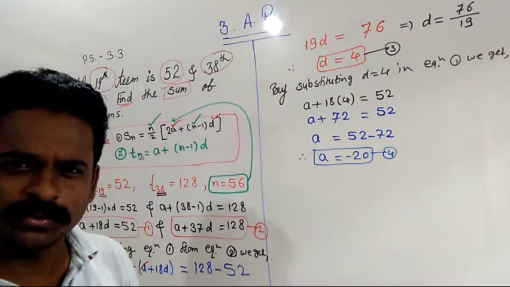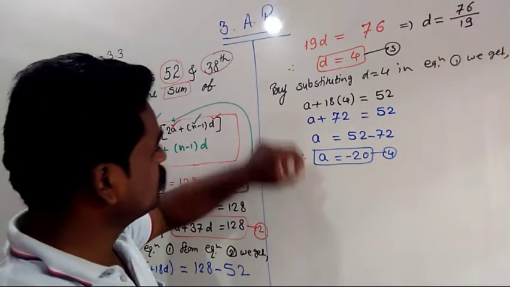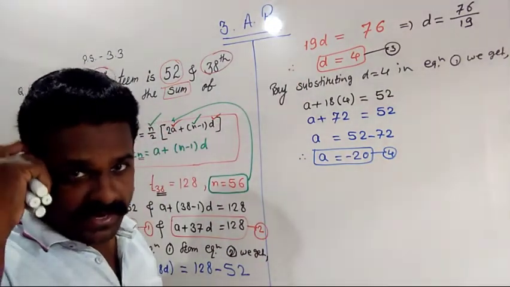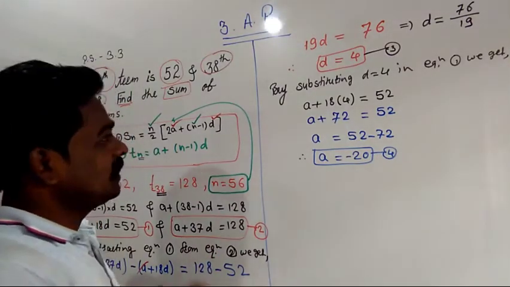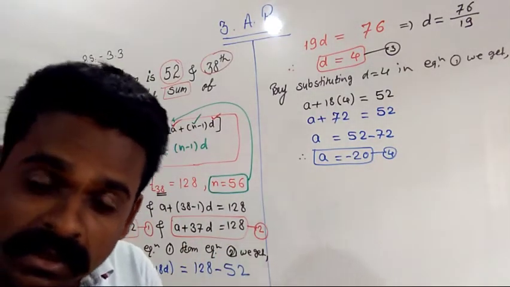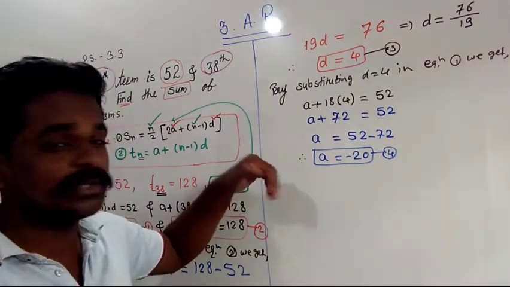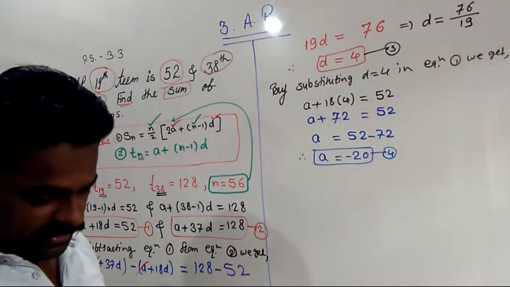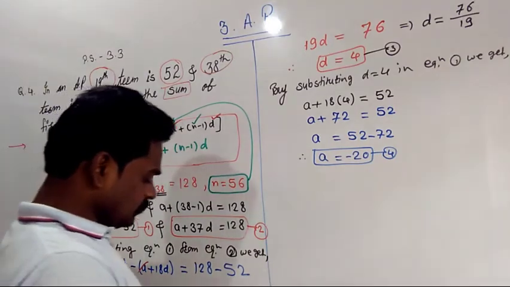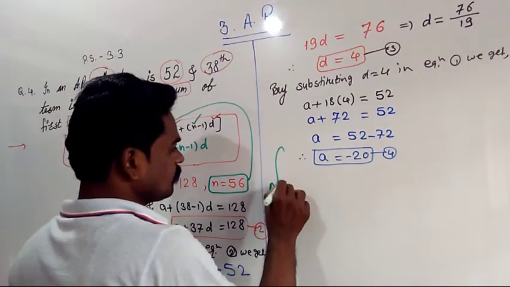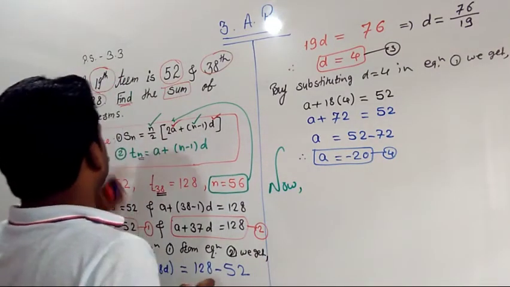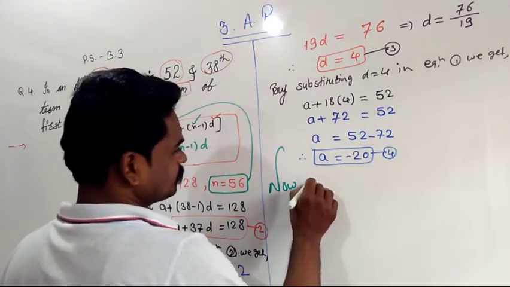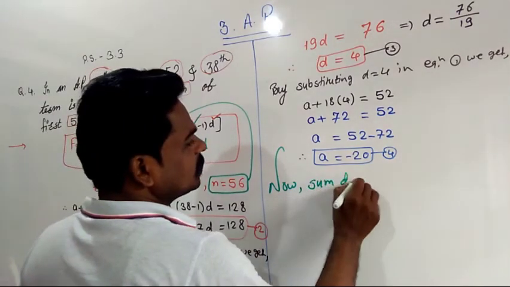No problem. So we can use these two values of A and D in which equation? Now we use both values in formula number 1, Sn.